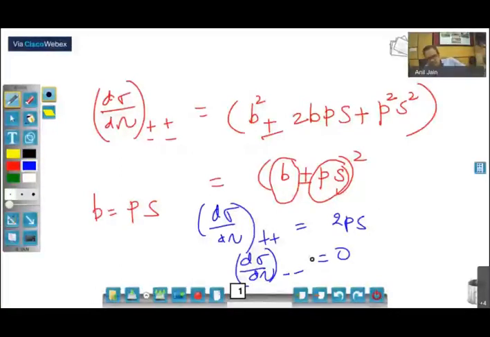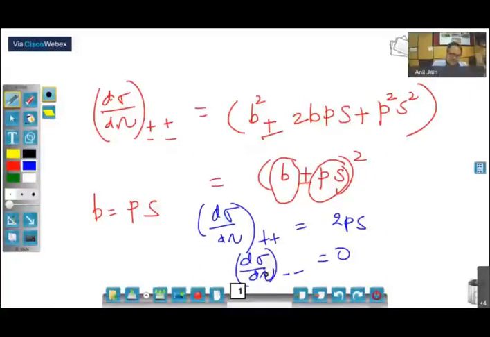So I need a crystal for which the nuclear scattering length and magnetic scattering length are equal, and I work in a condition where my Q is perpendicular to the initial neutron polarization P naught.